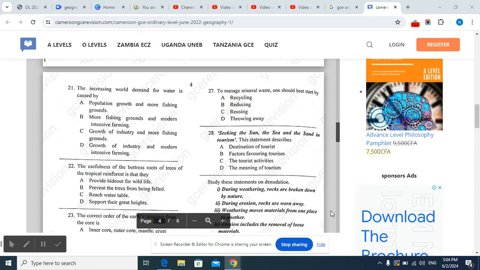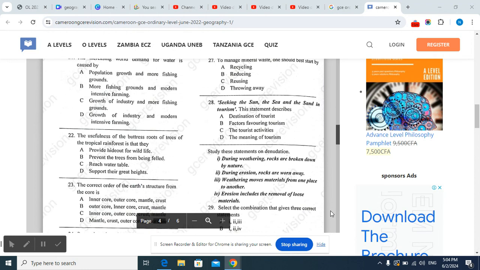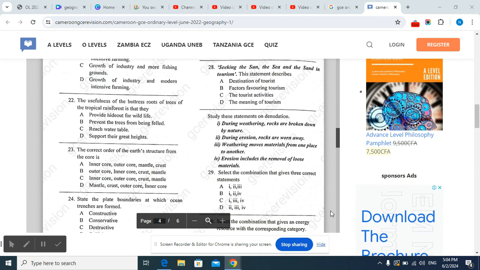Question 29. Study these statements on denudation, from 1 to 5. Select the combination that gives three correct statements. The first statement: during weathering, rocks are broken down by nature. 2.